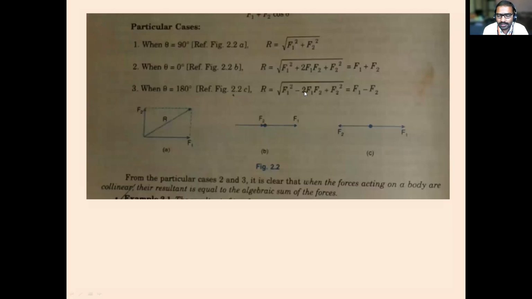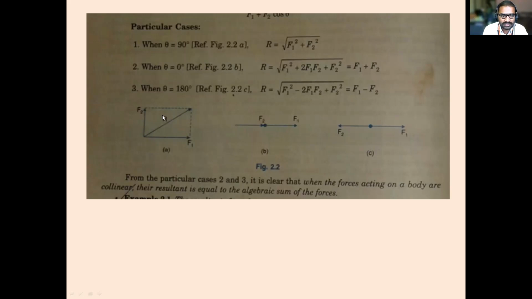F1 square plus 2 times F1 F2 cos 180 plus F2 square. Cos 180 is minus 1. So F1 square minus 2 times F1 F2 plus F2 square. This is the F1 minus F2 whole square formula. Again the square and square root get cancelled, so the remaining is F1 minus F2.